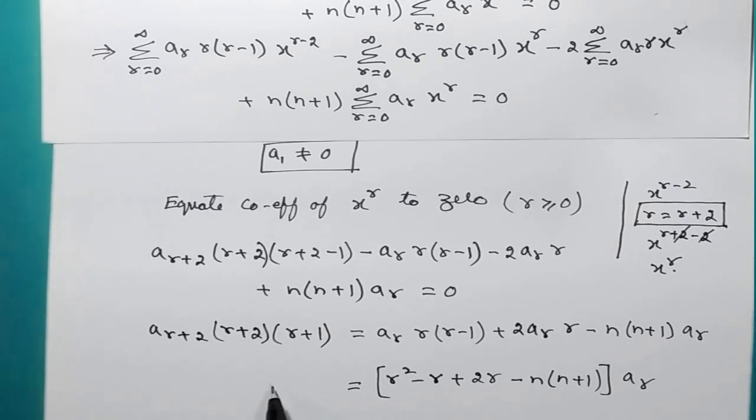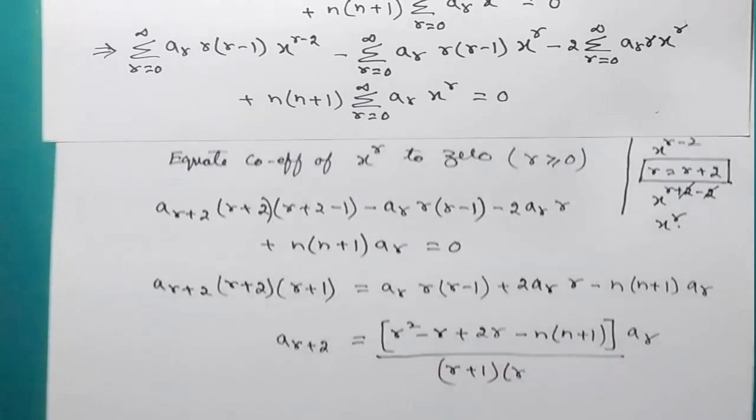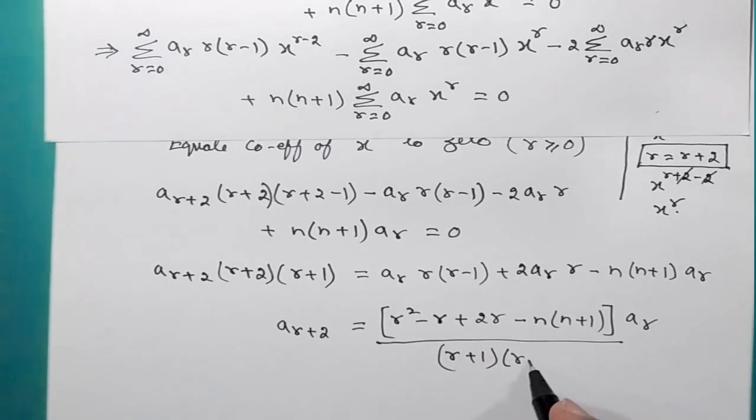And from here, if you write a_(r+2), you can cross multiply this (r plus 1) into (r plus 2) to the other side, and it comes in the denominator, so in the denominator we will be getting (r plus 1) into (r plus 2).